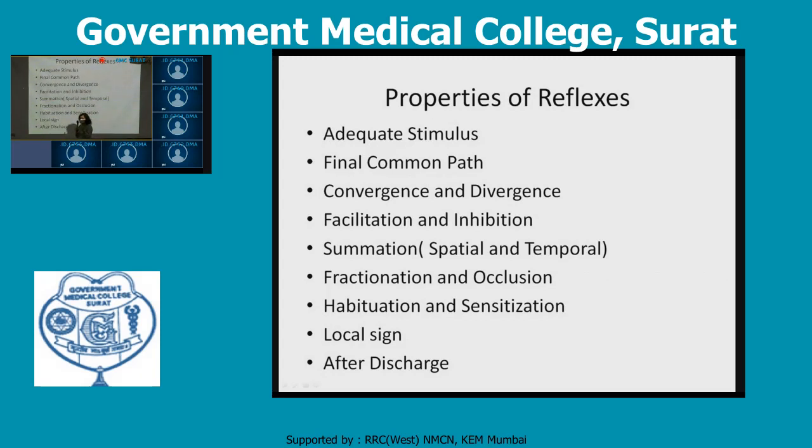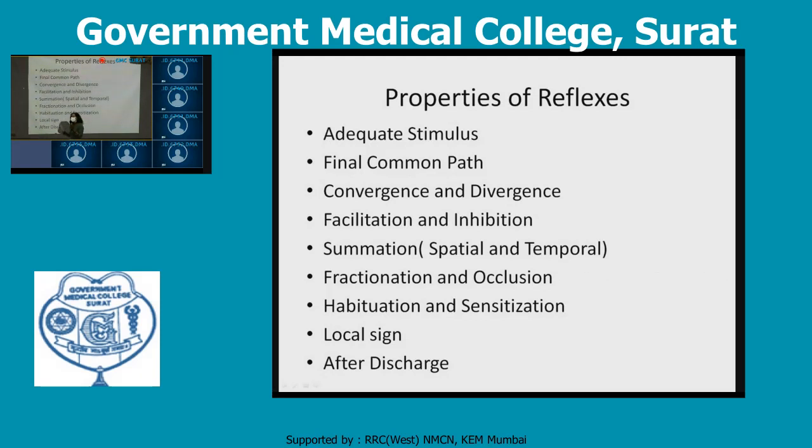But if a fly hops from one position to a second position to a third position, because of this hopping the stimulus is not that strong, so scratching is not there. But when an insect is crawling on the body, it makes the stimulus so strong, makes the stimulus adequate for scratching, and therefore the scratching takes place.